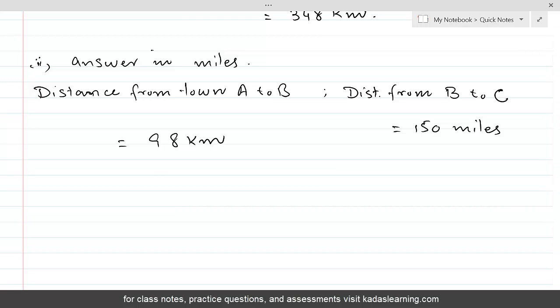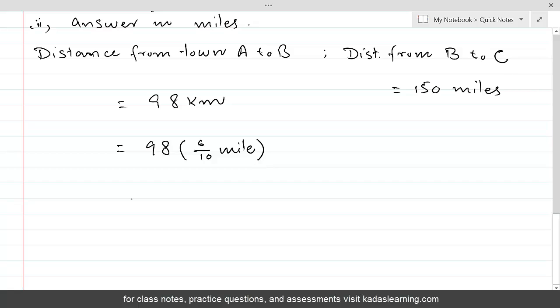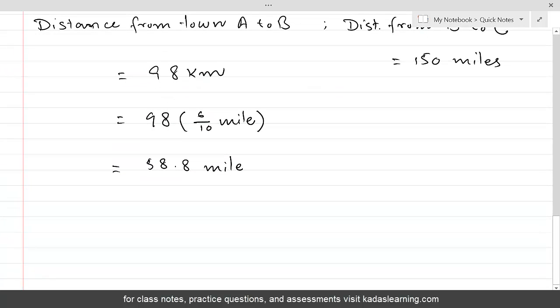So while calculating this 98 kilometers in miles, we will be replacing the value of kilometer. 98 times the equivalent of kilometer in miles, which is 6 by 10 of a mile. And now 98 times 6 by 10 would be 58.8 miles.